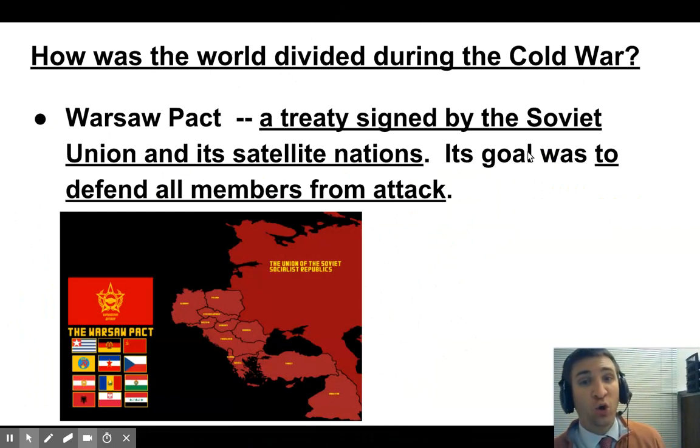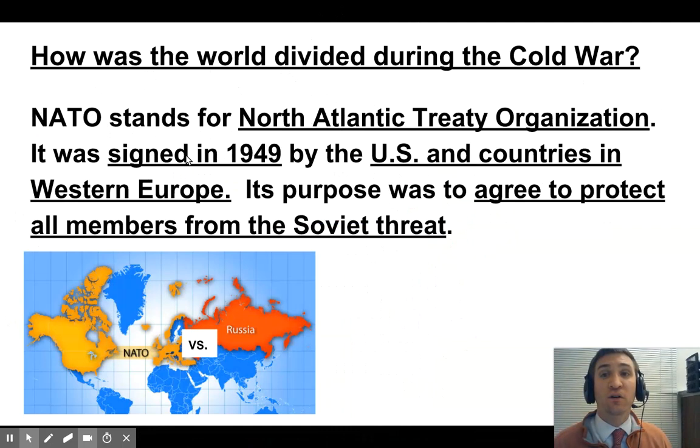And its goal was to defend all members from attack. NATO stands for North Atlantic Treaty Organization, and it was signed in 1949 by the US and countries in Western Europe. Its purpose was to agree to protect all members from the Soviet Union and its threat.